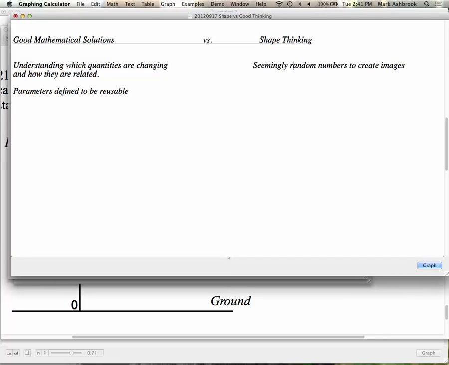Okay, other thoughts on what a good mathematical solution would look like in a GC file and what shape thinking would look like? Yeah, a concise number of commands, so that they're thinking about each one. For example, they have absolute value, but they just have x and negative y equals x. So they could have done it with 2 command lines. All right, so you're talking about efficiency.